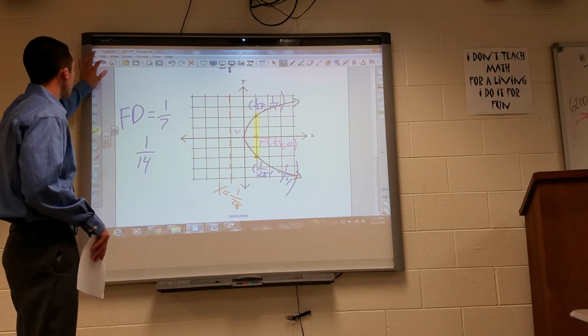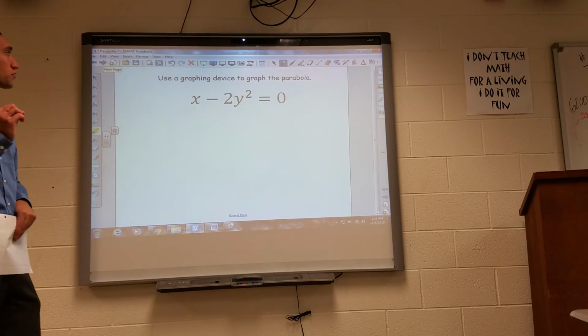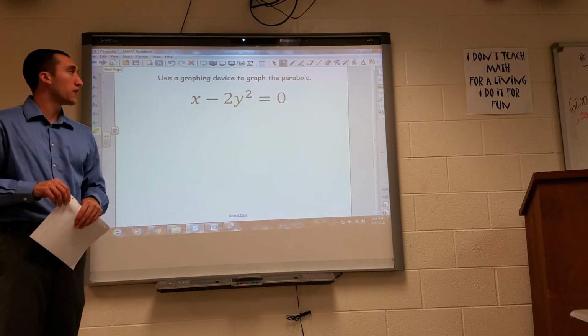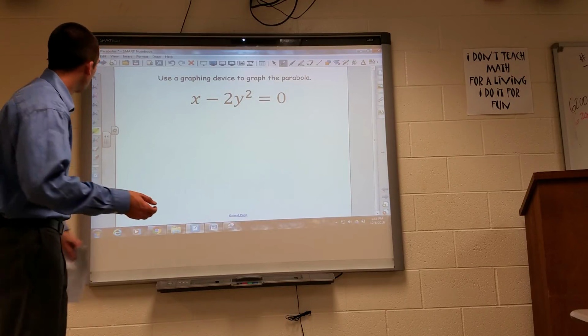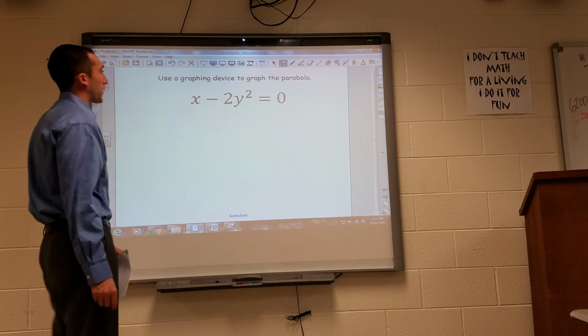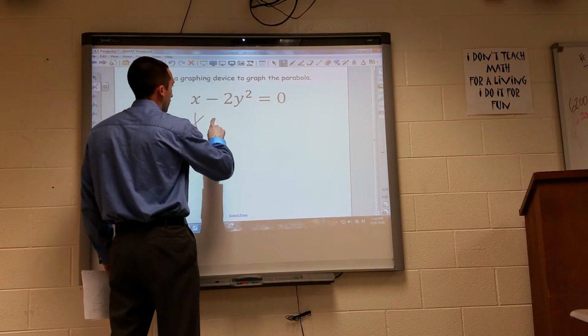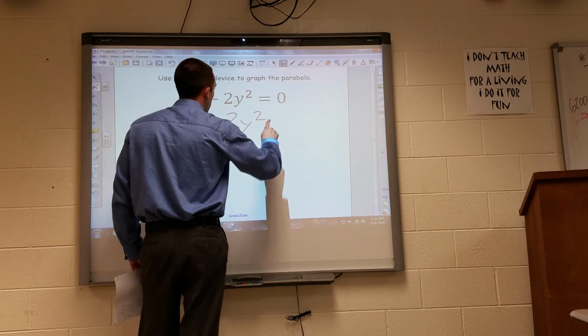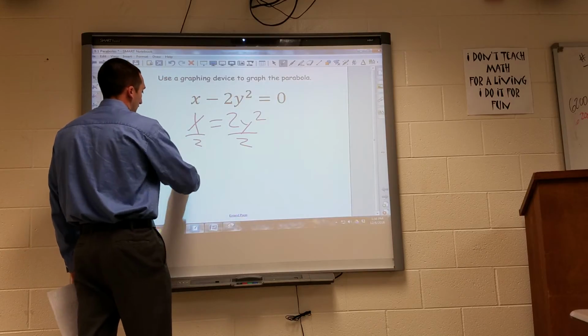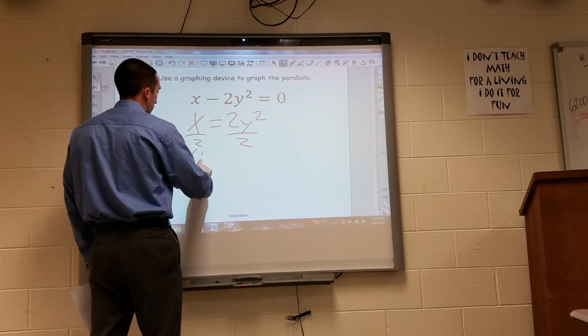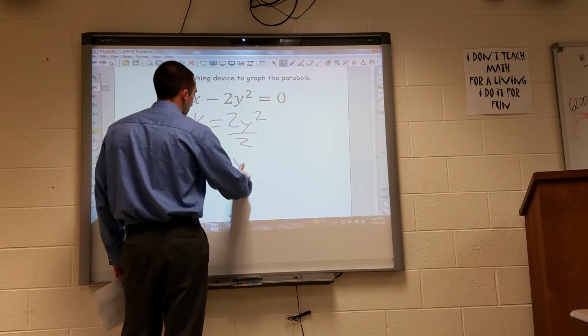So next, they want us to use a graphing device to graph the parabola. In order to use the graphing device here, we're going to have to solve for y. So if I solve for y, I get x equals 2y squared, and then obviously divide by 2. So I get x times 1/2 equals y squared, right?